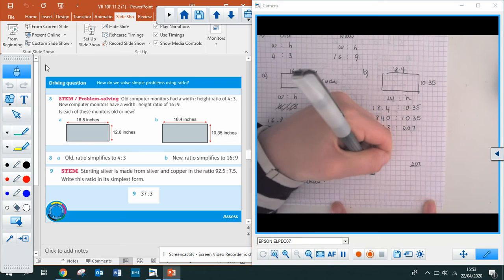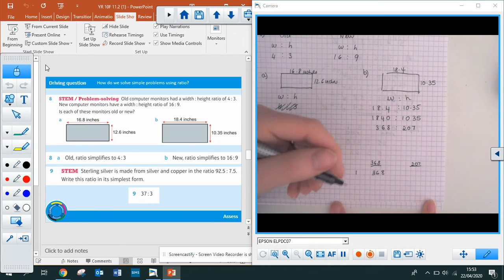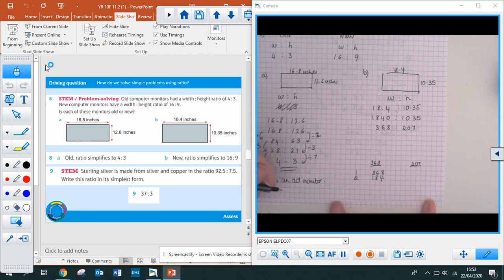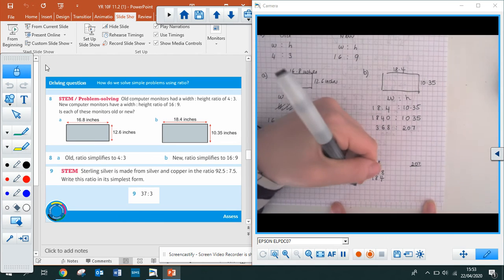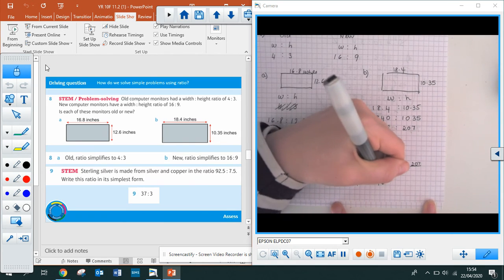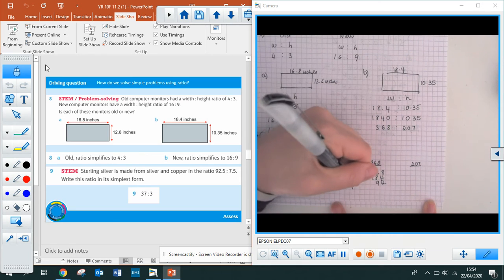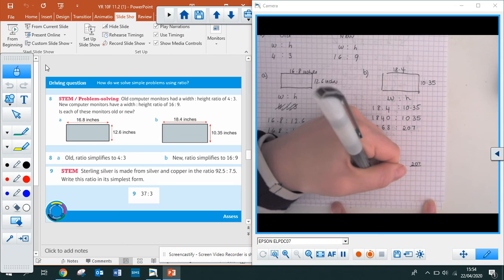So 1 and 368. It's even, so I know 2 and 184. 3 isn't, 4 is, 4 and 92. And then it keeps going all the way up until you get to 16 and 23.